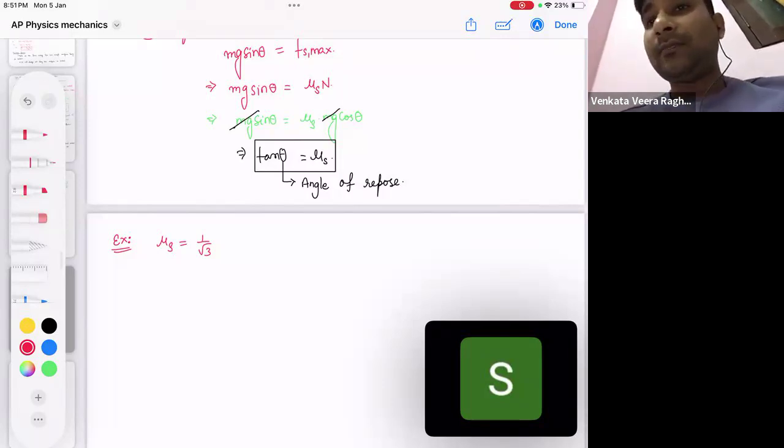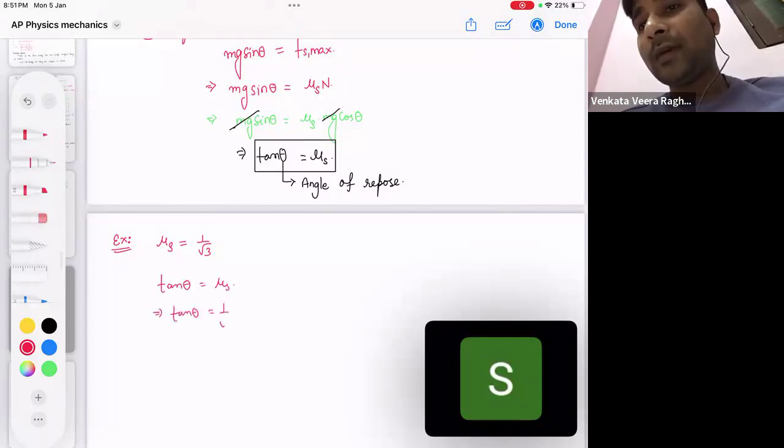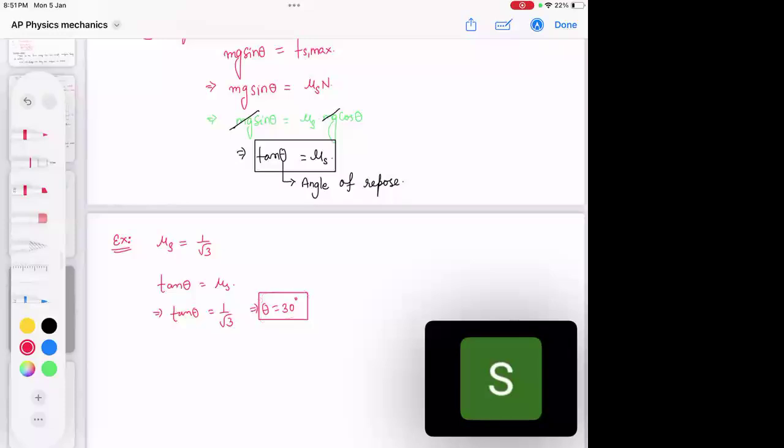Mu s is 1 by root 3. That means, can I say that tan theta will come mu s? So tan theta equals 1 by root 3. What does that mean? That means theta is 30 degrees, isn't it? Yes, sir.